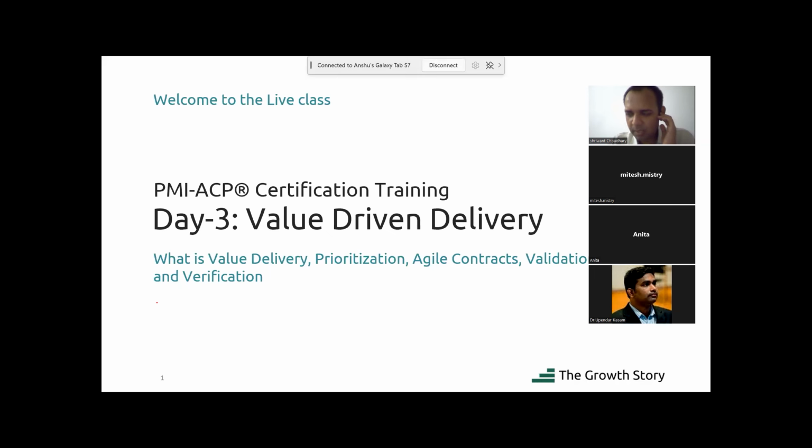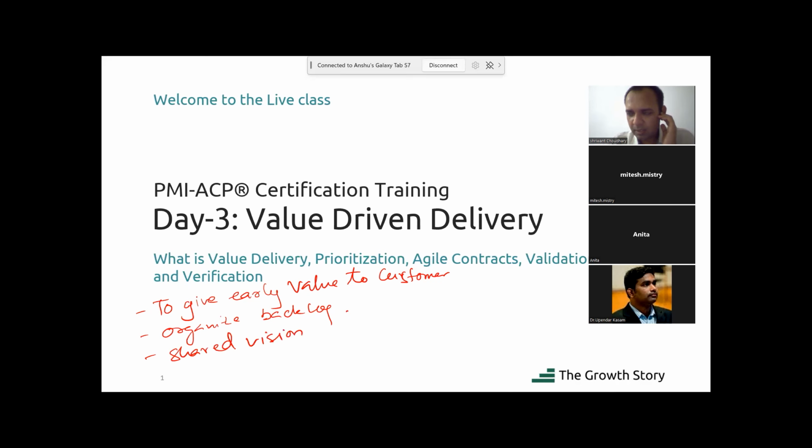Yes, to get early value from the project, or to give early value to the customer. Organize the backlog, or probably a plan for the next step. All stakeholders on the same page. So all are on the same page with one goal, a shared vision. Okay, now these things are fine.